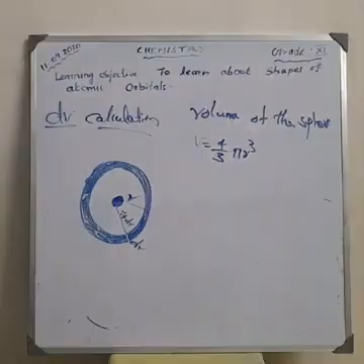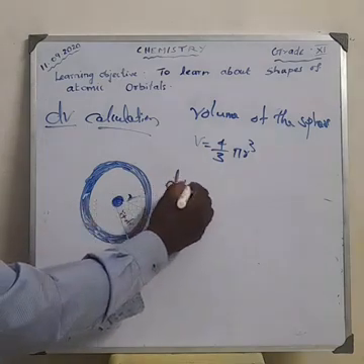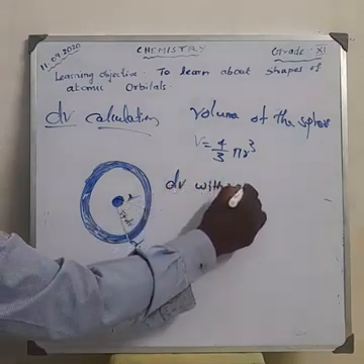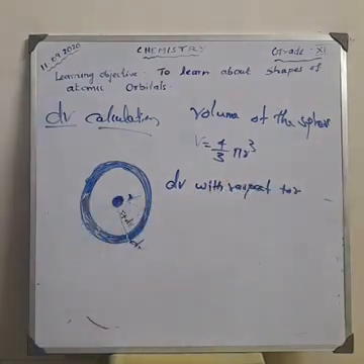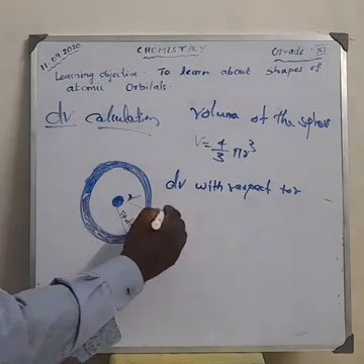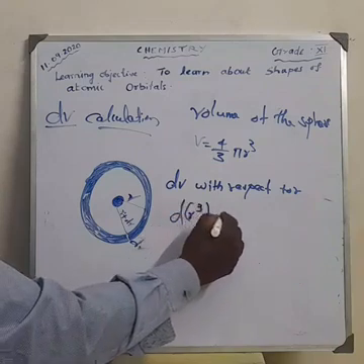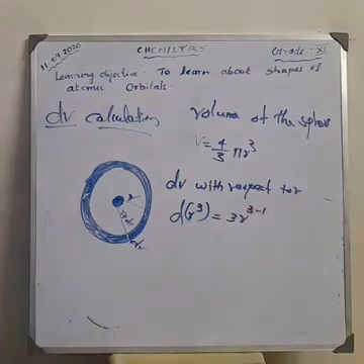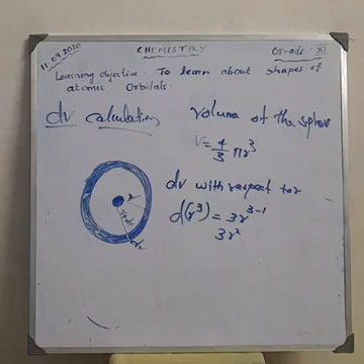Next we differentiate dV with respect to r. Using the formula, the derivative of r cube is 3r to the power 3 minus 1, that is 3r square.